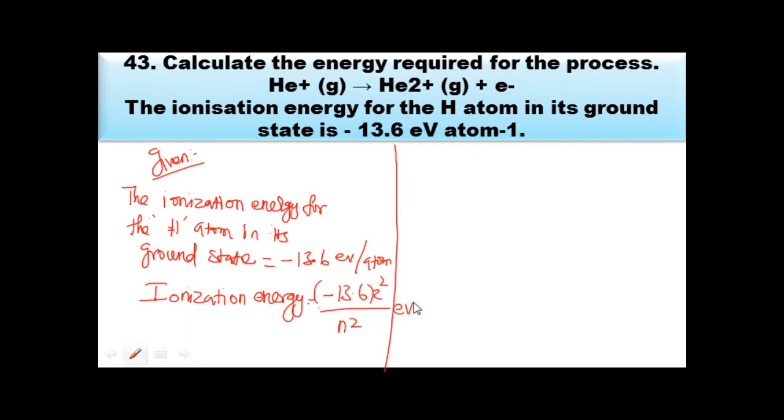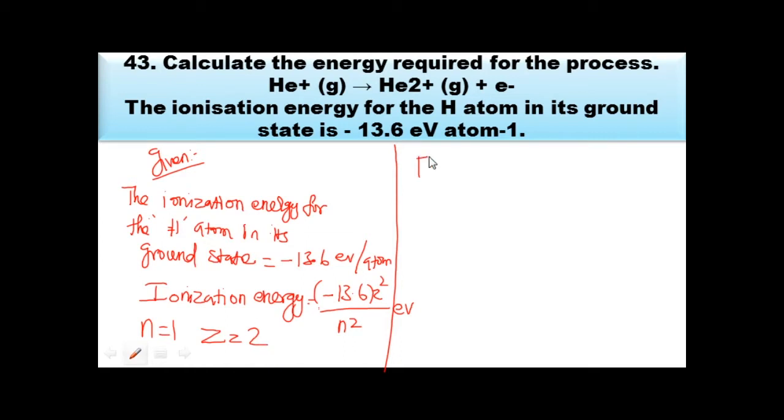So what is N? N equals 1 because of the ground state. And what is Z? Z means atomic number, so the atomic number of helium is 2.